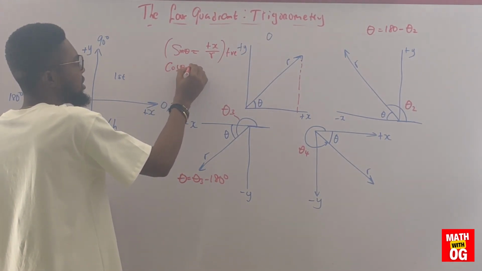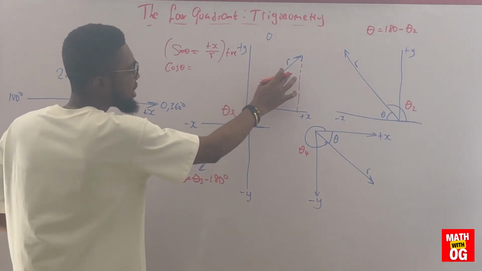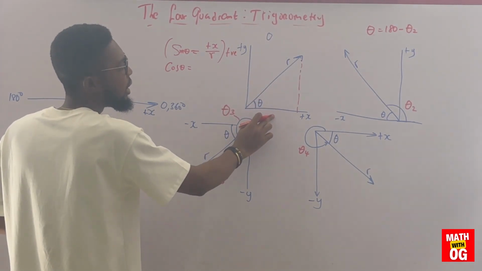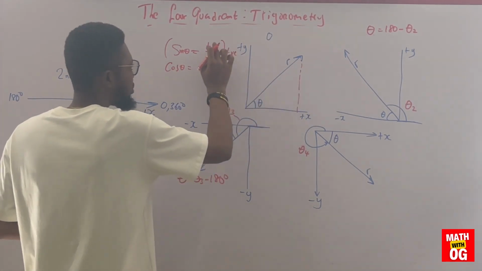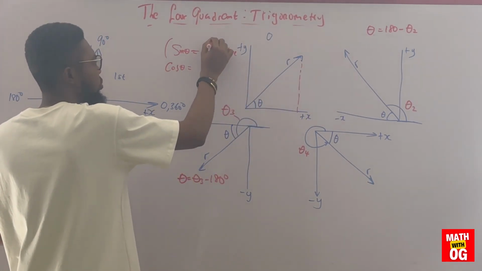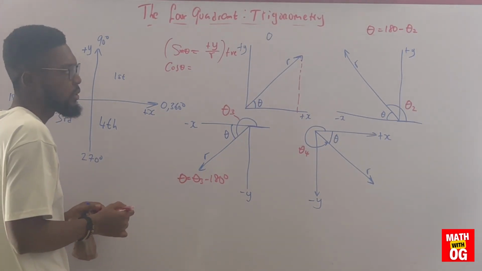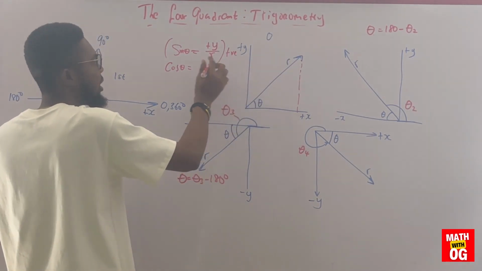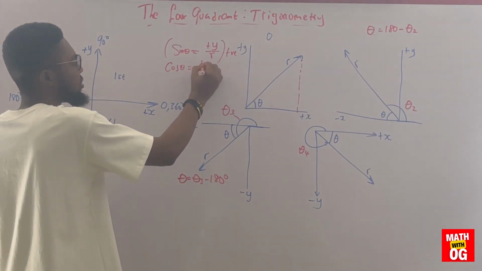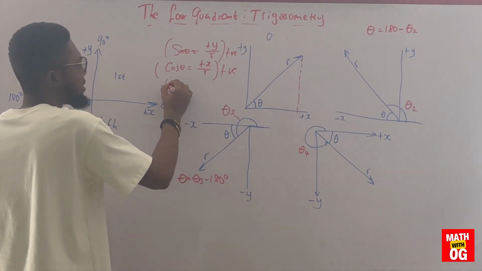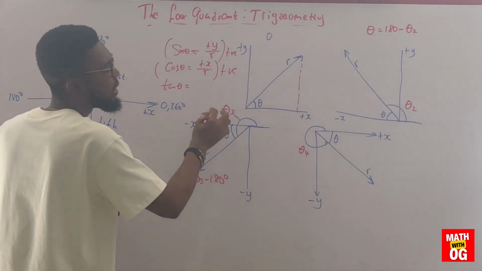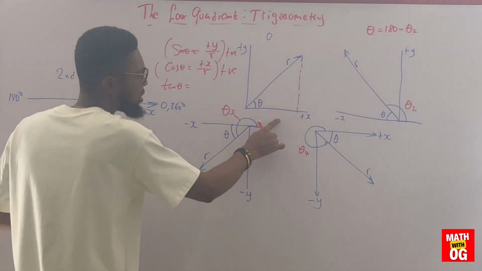Similarly, cos theta will be equal to adjacent over hypotenuse. Okay, my sine theta is opposite. Opposite is y. Sorry, so that's an error on my part. Y over r. So sine theta is positive. Cos theta is adjacent over hypotenuse. That's positive x over r. That's also a positive value. And lastly, my tan theta is opposite over adjacent.